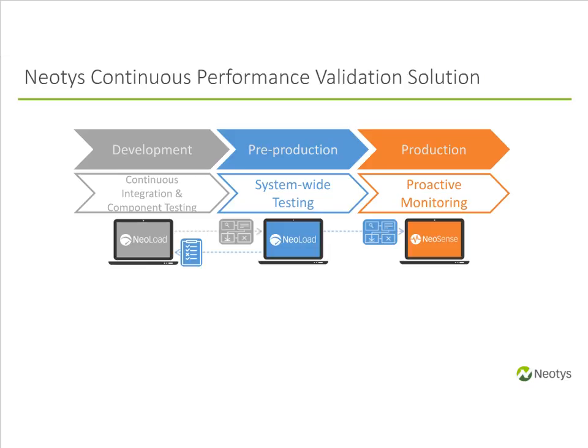But if we see that the quality of the application is good enough, then we can go to production by deploying the application to production. And this is where NeoSense comes into place, where you can reuse the testing assets that you've created with NeoLoad and create proactive monitoring on your production environment.